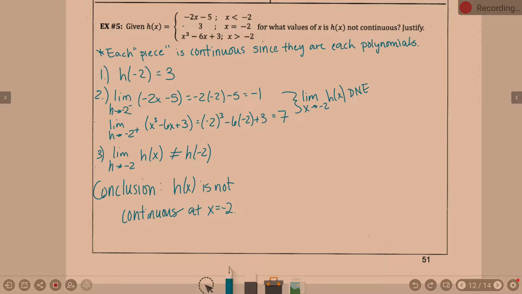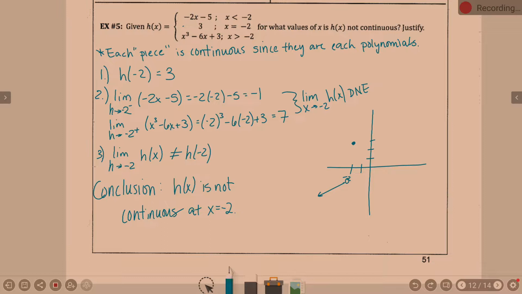In my notes, I have a sample graph drawn, but the idea of a sample graph here is just, this is at -2, yes? At -2, 3, that's where the graph exists. The limit from the left is -1, so that's just saying the graph goes from there somewhere.